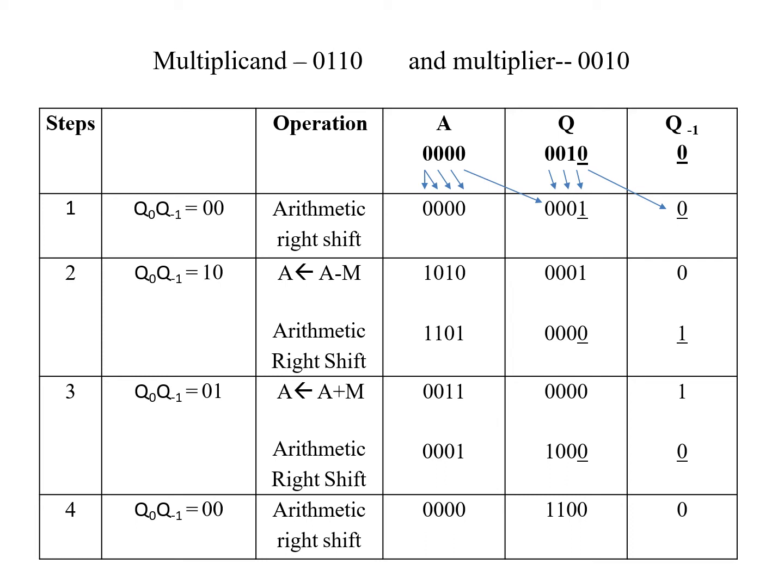So this gets added to give the result 0011 in A. Q remains unchanged, which is 0000. Q minus 1 also remains unaffected, which is 1. On completion of the addition, all the bits from AQ are shifted towards the right by a single position, and the MSB of A gets filled by the previous MSB, which is 0.